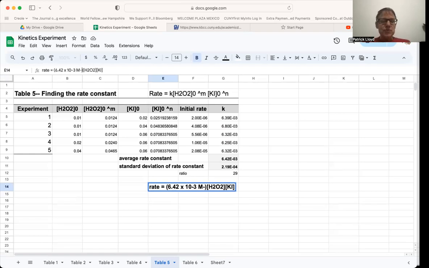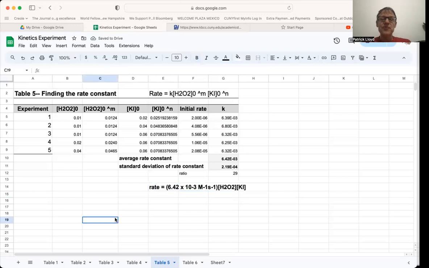So the units would be molarity to the minus 1, seconds to the minus 1. We now have the units of the rate constant as well. So now we have completed part 1. We have fully determined the rate law at room temperature for this particular reaction.